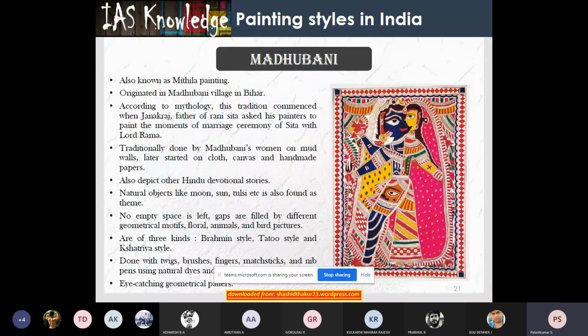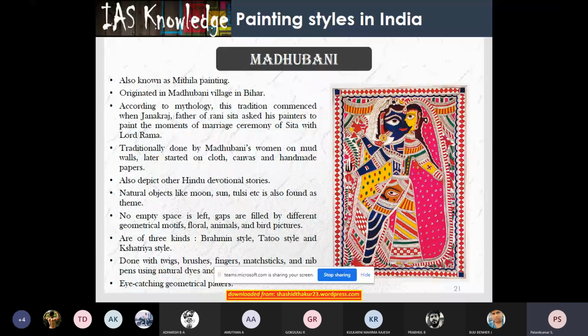If you see Madhubani, this is also called Mithila painting. It mainly originated from Bihar, the Madhubani village of Bihar. That is why the particular painting style is called Madhubani.